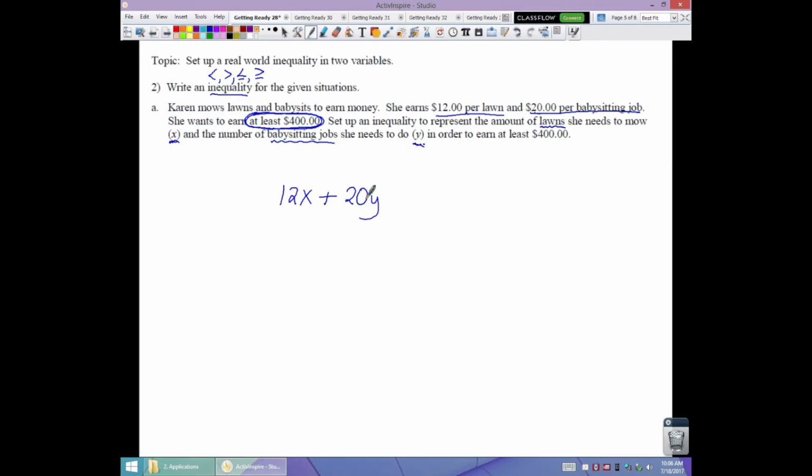So we want this money we earn to be greater than or equal to $400. What we did here was our lawn money added to our babysitting money needs to be greater than or equal to our goal.